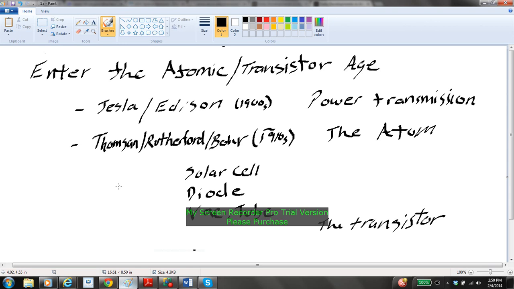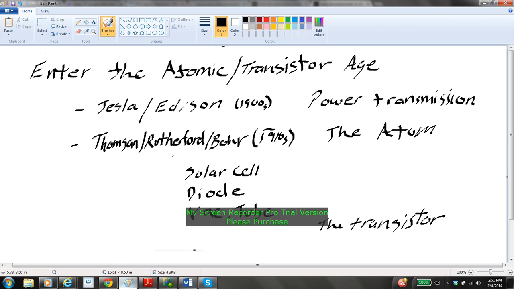It was basically just based on weights and masses, and they were able to come up with a periodic table and some observations, and then it got further refined by Thomson, Rutherford, and Bohr around the 1910s, where it became the nuclear model, where you have a certain amount of protons in the nucleus and a certain amount of electrons orbiting it.